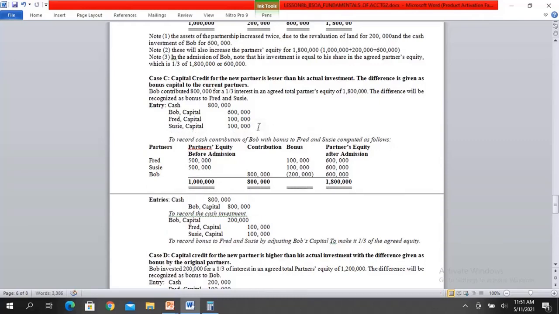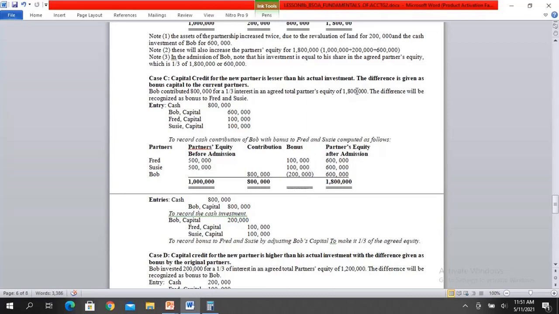So, paano yung computation? Si Fred, Susie, meron silang equity before admission kay Bob na 500,000. Ngayon, nag-invest si Bob ng 800,000. Ayan. So, bakit merong bonus si Susie at si Fred?